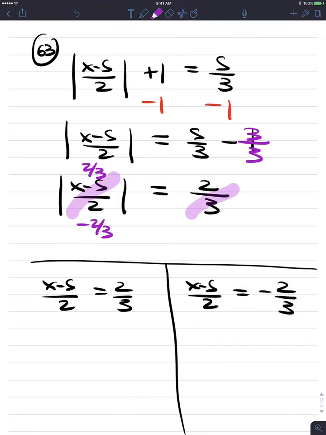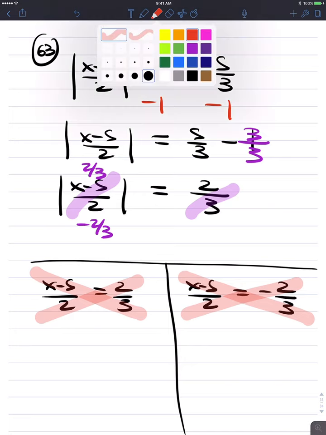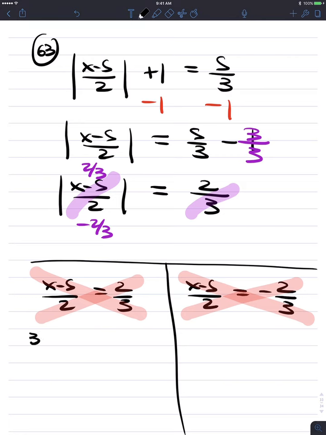Again, we have proportions here, and we're going to cross multiply when we solve these two proportions. What you're going to get now is 3 times the x minus 5 will be 2 times 2. You'll get 3 times the x minus 5 will be negative 2 times 2.